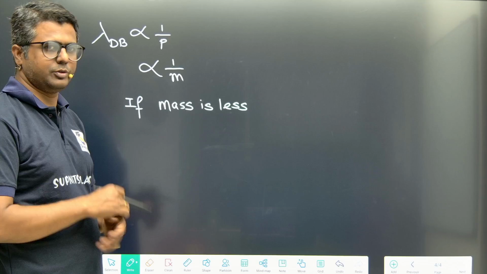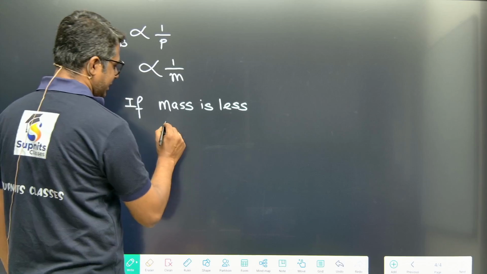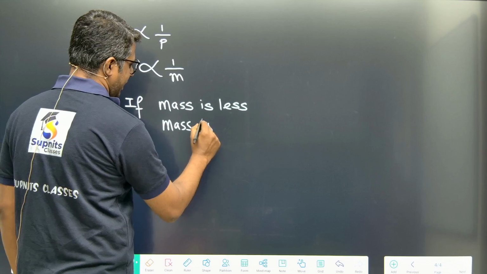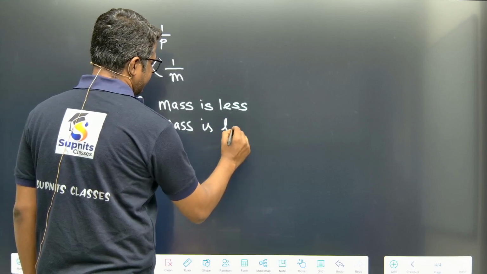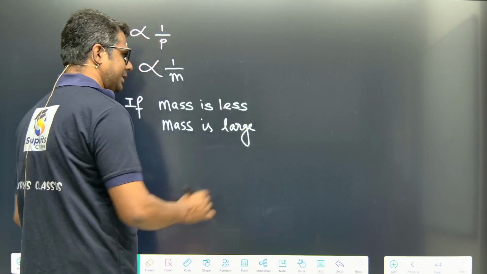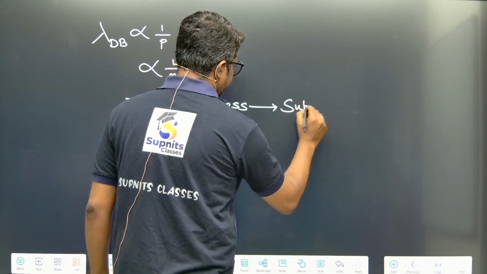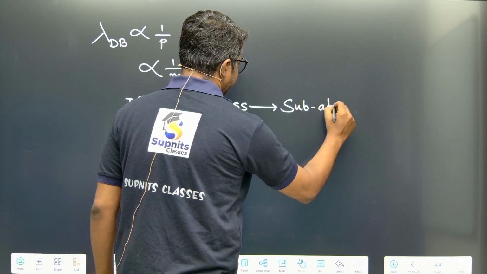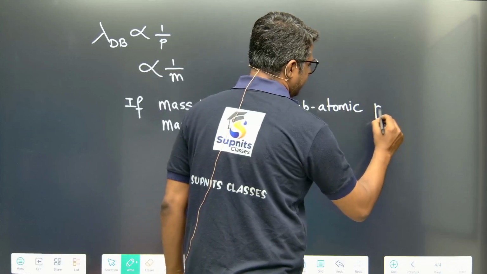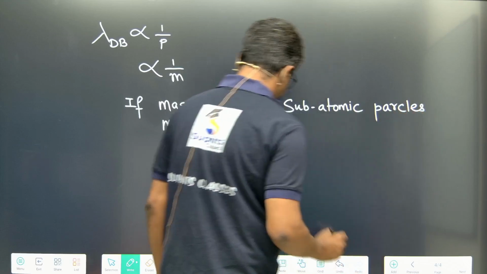Both things we need to understand. So one case is mass is less, another case is mass is large. Mass is less for subatomic particles, electron, proton, neutron, these kinds of things have less mass.